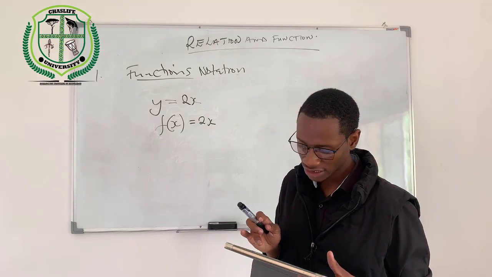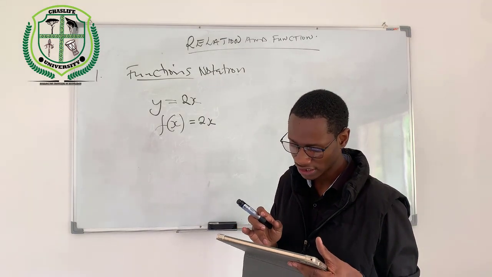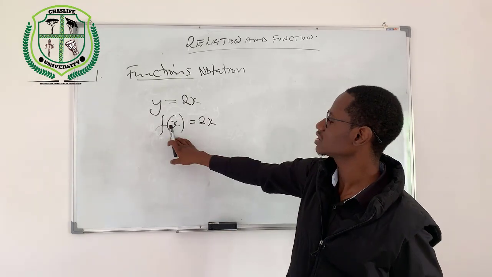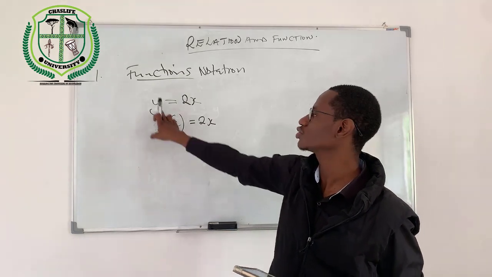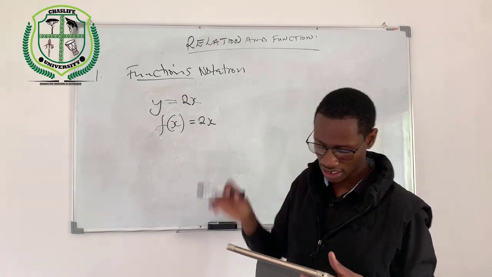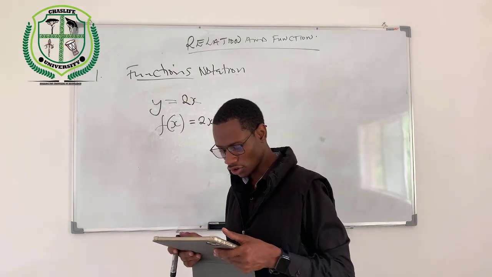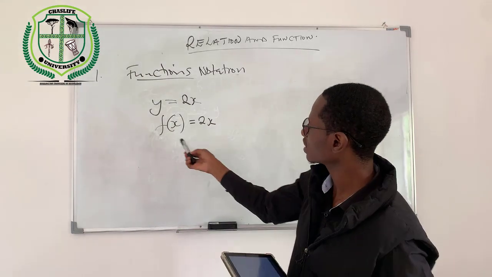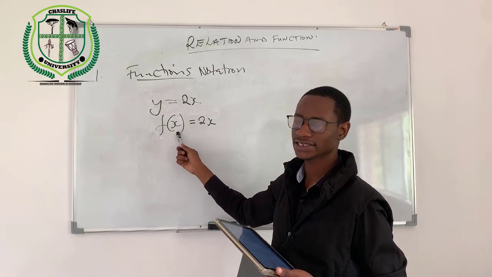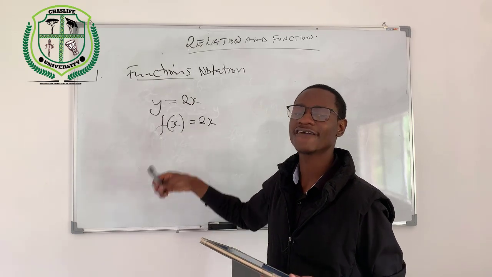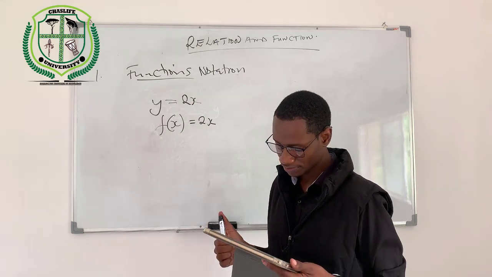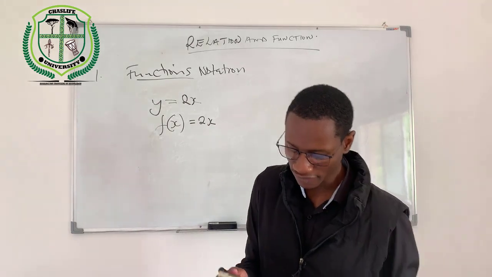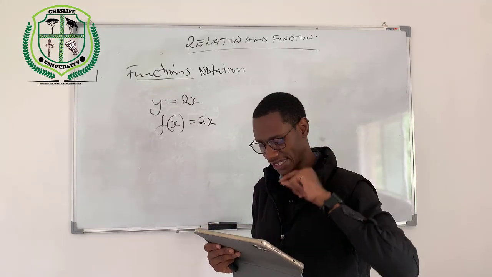So, x is an input value from the domain of the function, and f of x is the function value, okay? So, this is an input value which corresponds to y. So, the notation f(x) is read as f of x, okay? The value of f of x is the value of the function f at x.